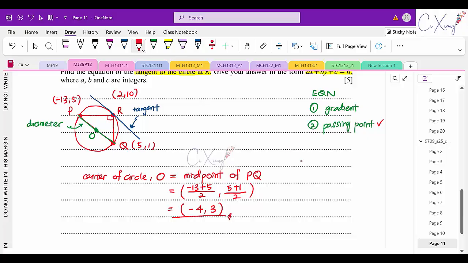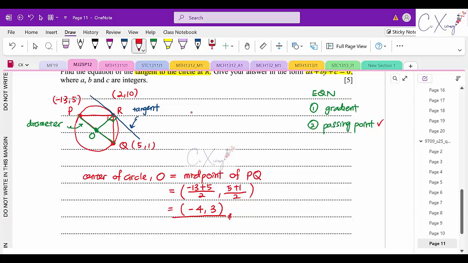Why do we need the center here? Because if I draw a line from the center to the point of tangency on the circle, they are 90 degrees to each other. So OR and the tangent line are perpendicular. The product of the gradient of OR and the gradient of the tangent should be equal to negative 1.